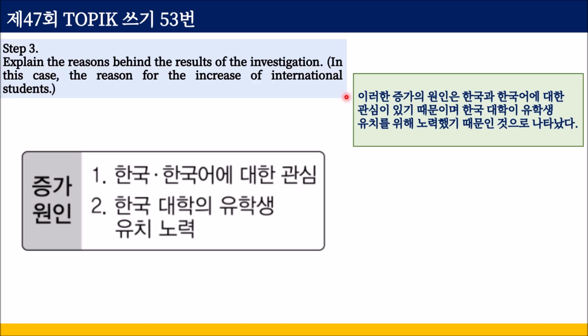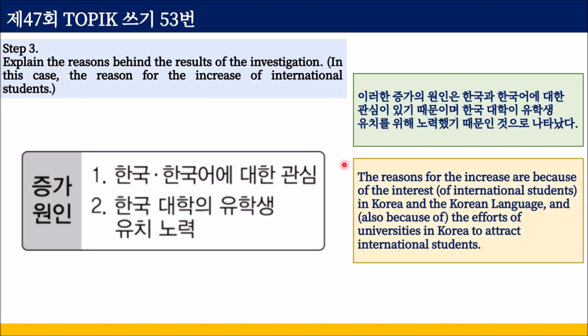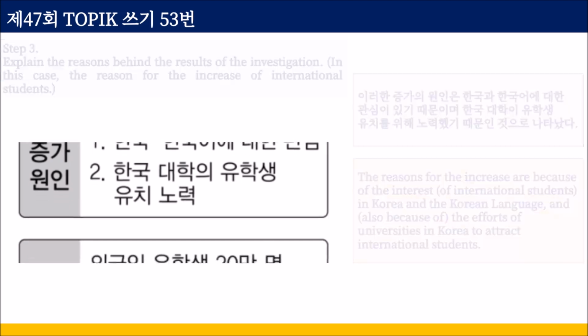In English, it's like this. The reasons for the increase are because of the interest of international students in Korea and the Korean language, and also because of the efforts of universities in Korea to attract international students. So, we're already done with the explanation of this, and we're ready to proceed to the next part.